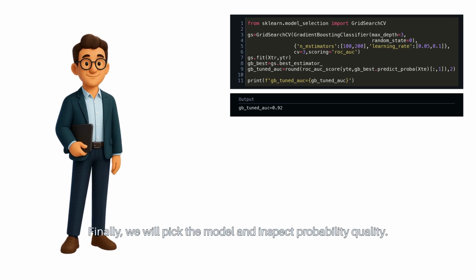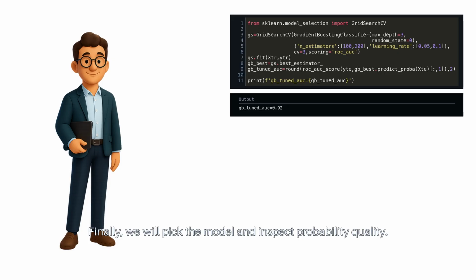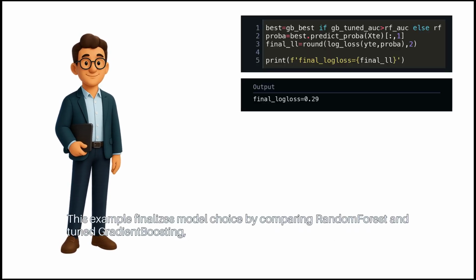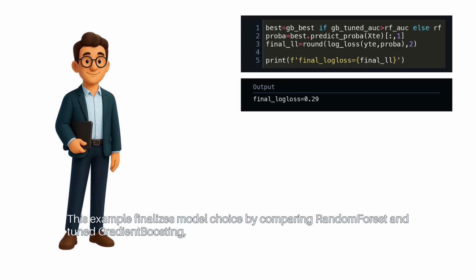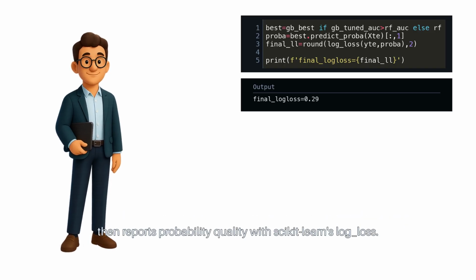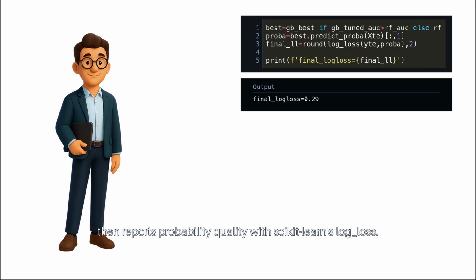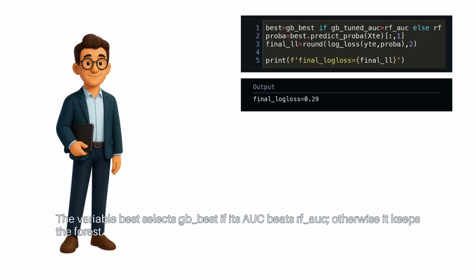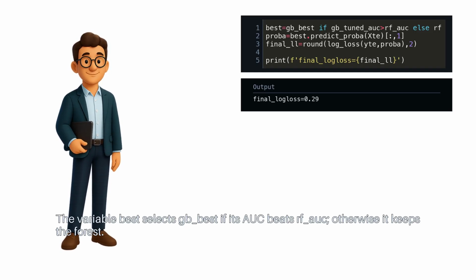Finally, we will pick the model and inspect probability quality. This example finalizes model choice by comparing random forest and tuned gradient boosting, then reports probability quality with scikit-learn's log loss. The variable best selects gb_best if its AUC beats rf AUC.